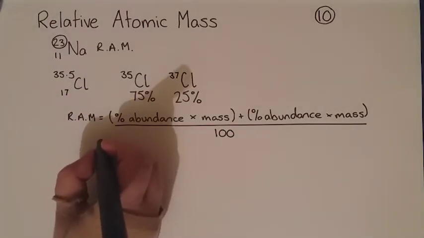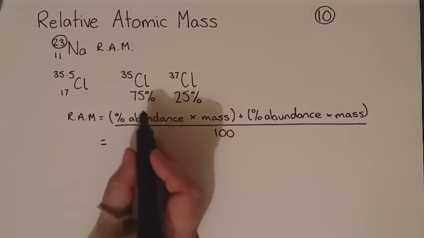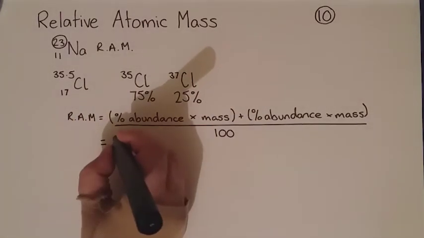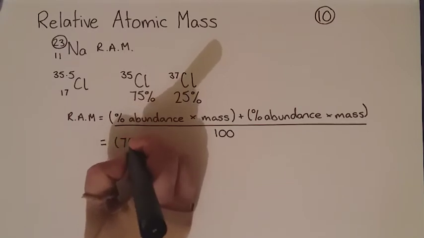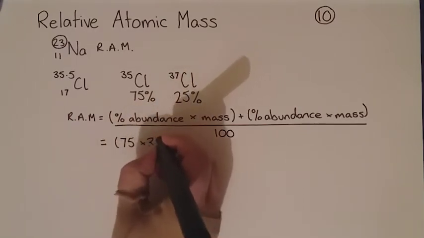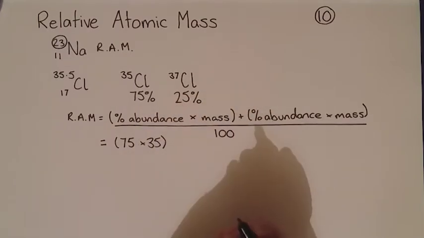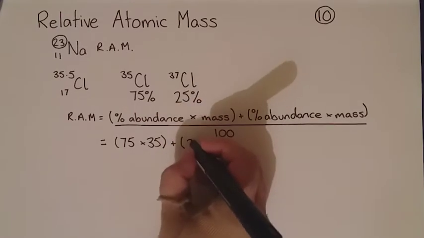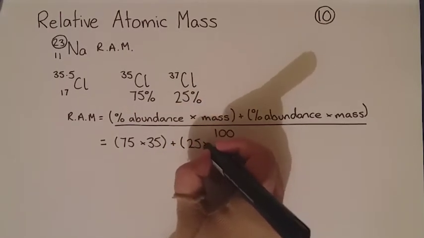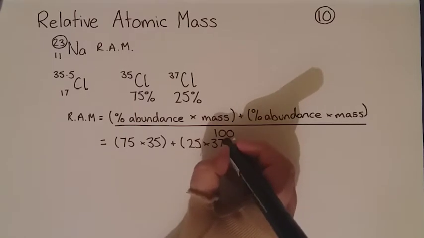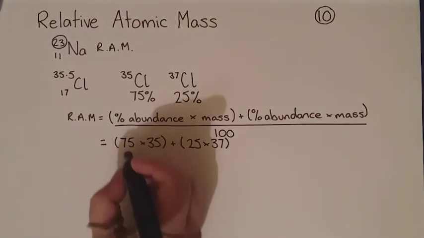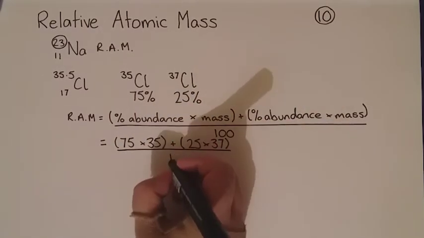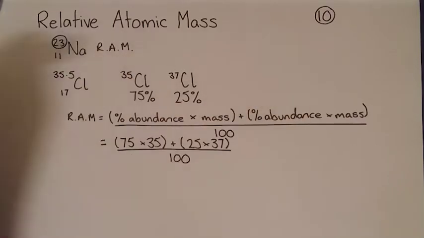So for chlorine, if 75% of our 100 atoms are chlorine 35, then our abundance is going to be 75, multiplied by the mass, which is 35, added to our abundance of the other isotope, multiplied by 37, which is the mass of the isotope, all divided by 100.